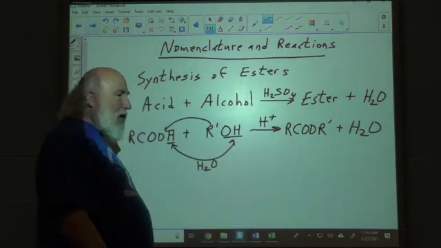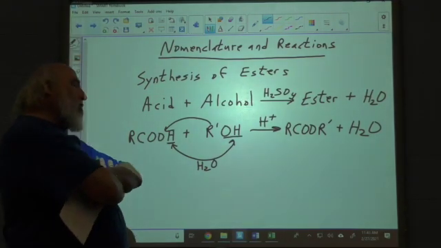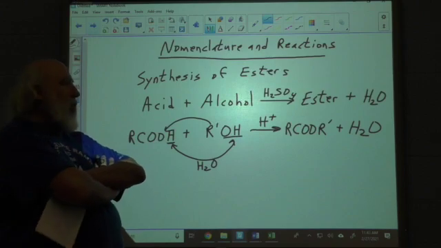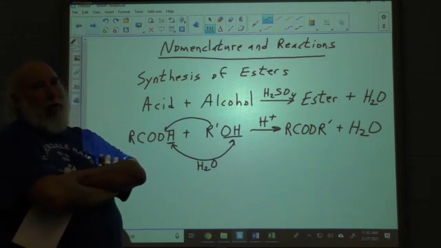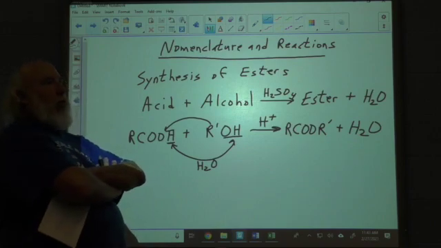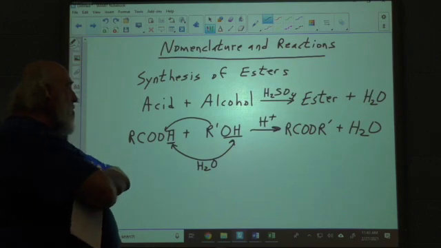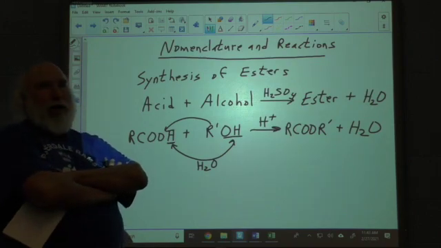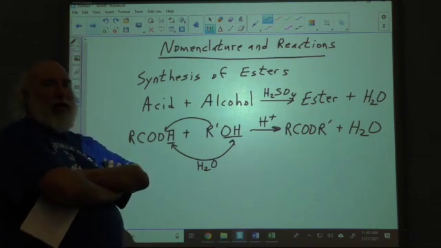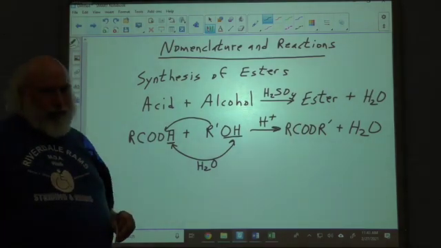That's your ester. But because this is just like an acid-base reaction, and the acid-base reactions that we dealt with last year mostly, but not always, dealt with ionic compounds. And when you react two compounds to create a positive ion and a negative ion together, we call those salts.